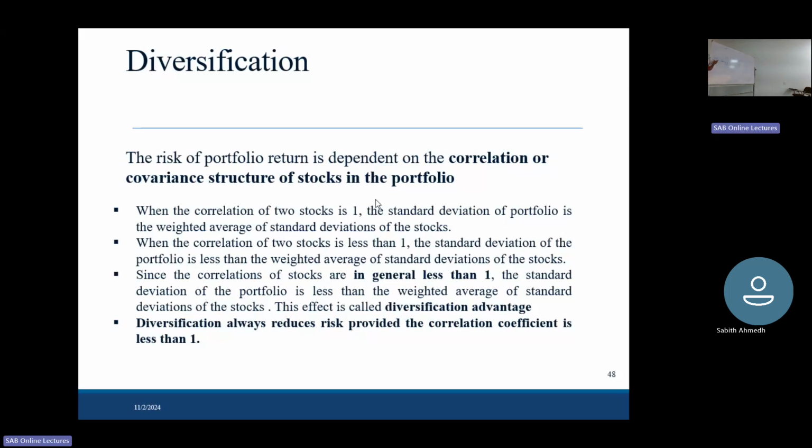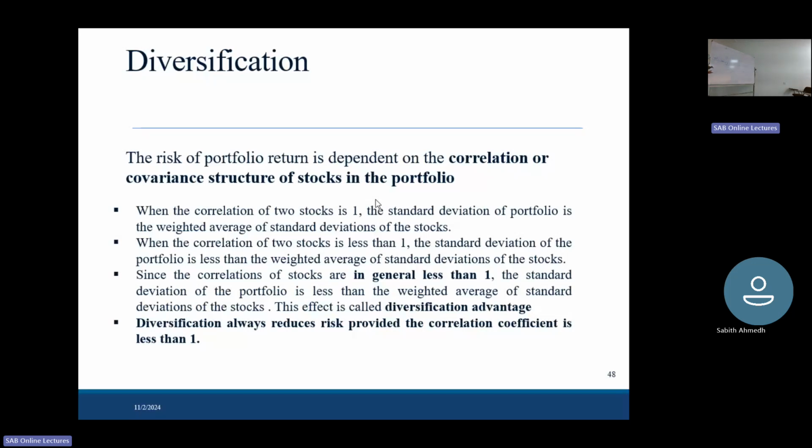Right? So the advantage of risk diversification depends on this correlation structure. From this point onwards, portfolio management starts. From this point onwards, you will learn portfolio management.